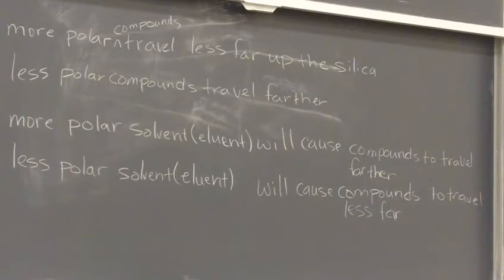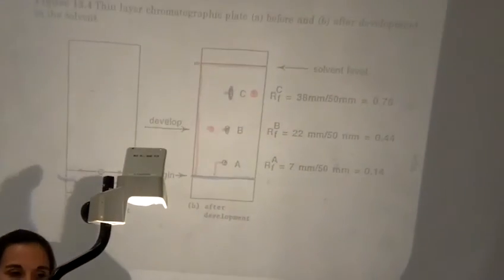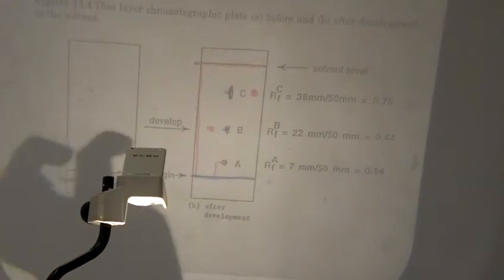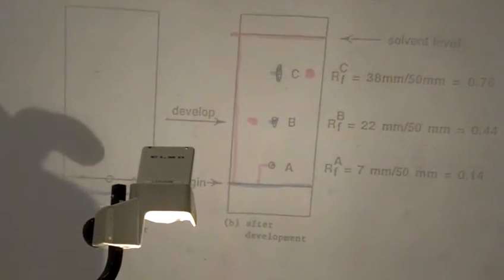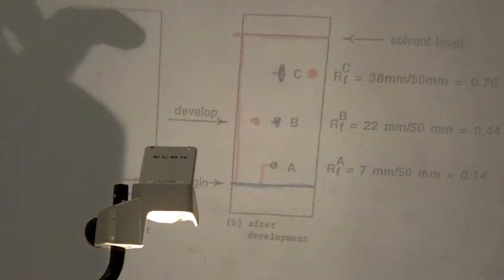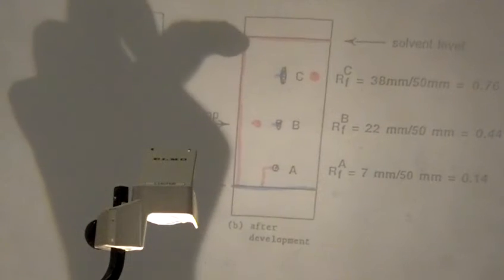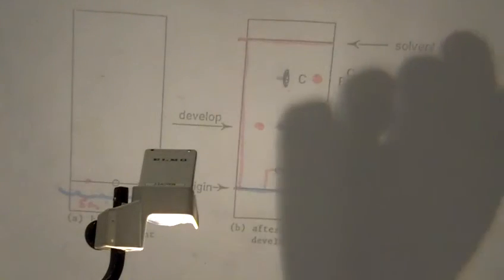So that's what we're looking at here in this example. We've got this TLC plate that we spotted on the bottom. Then we developed it in the developing chamber. So you're going to let solvent travel up that TLC plate till about 1 centimeter from the top of the plate. Then you pull it out, mark that origin line in pencil, and then you're going to look under UV light to see what you've got, okay?